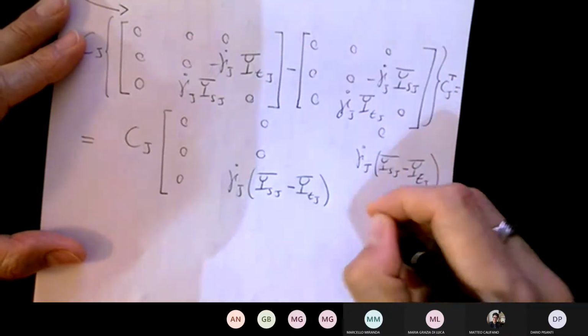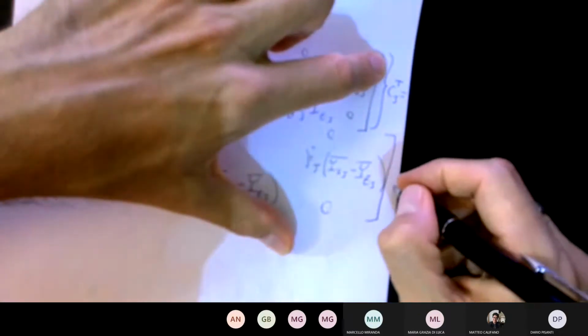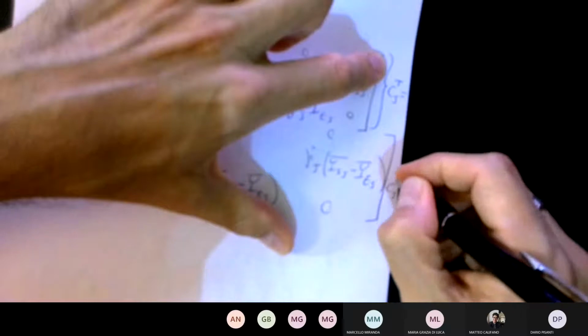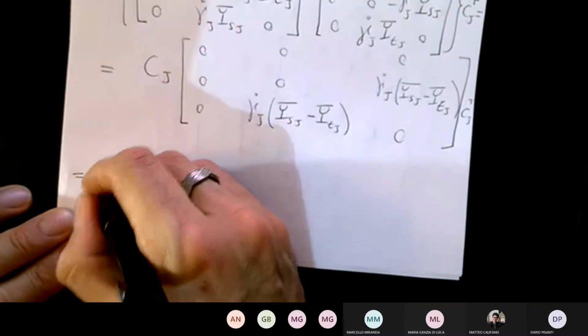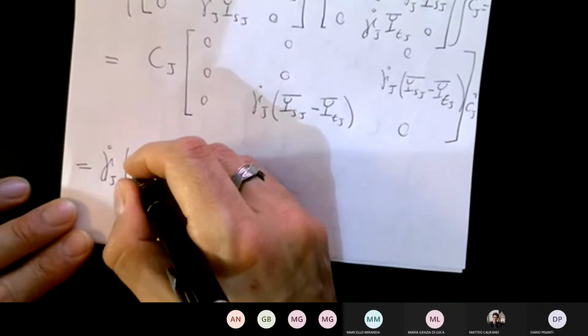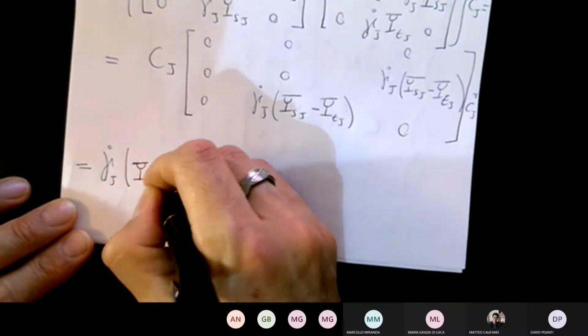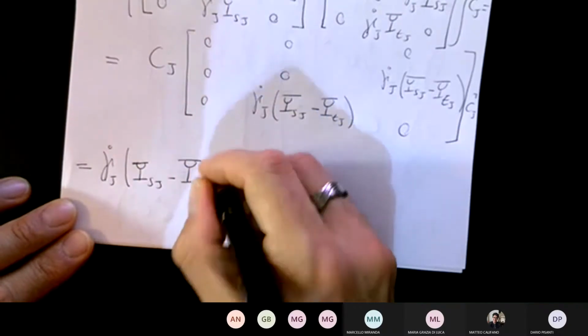Tj 0, and let's not forget that we have a Cj transpose at the end that barely fits into my paper. Okay, I can actually collect this scalar part and put it outside. It's a gamma j dot, Is minus It.